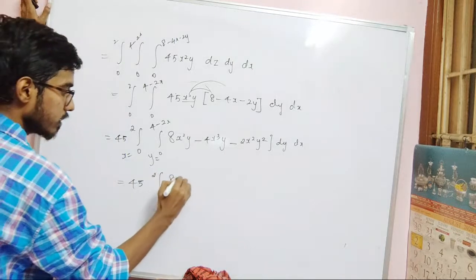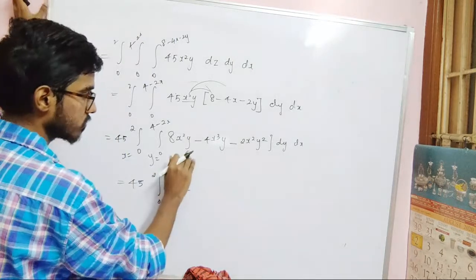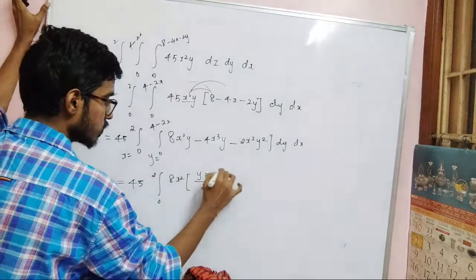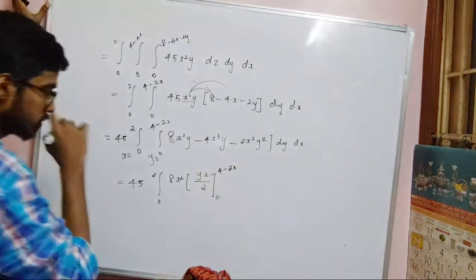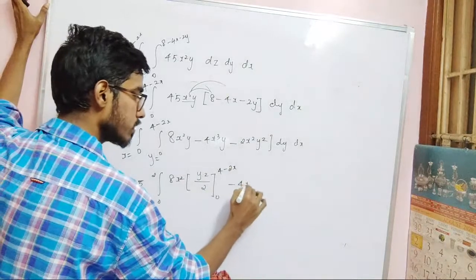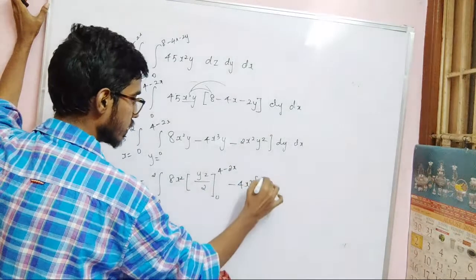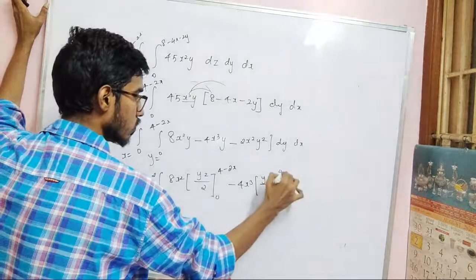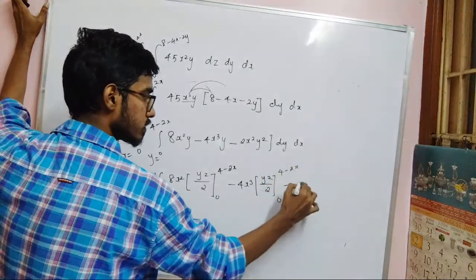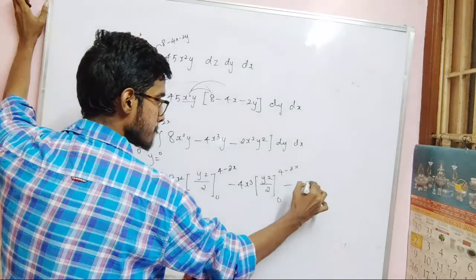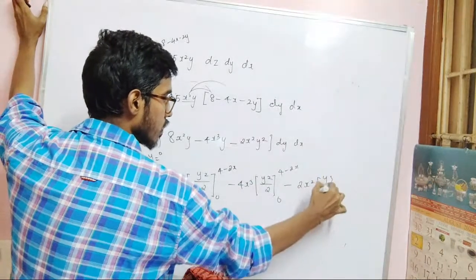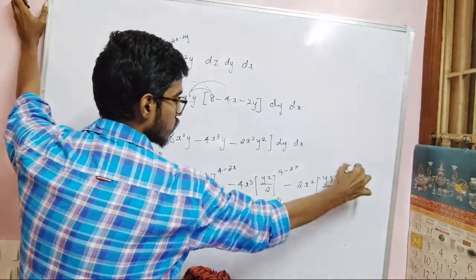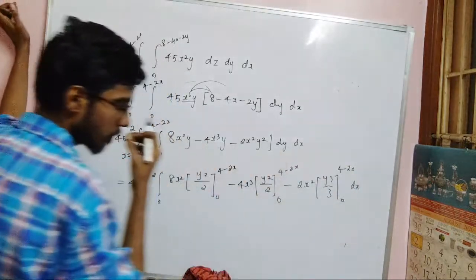So 8 x square, and when I integrate y, it will be y square by 2, 0 to 4 minus 2x, and again minus 4x cube, and the integration of y is y square by 2, 0 to 4 minus 2x, minus 2 x square, y cube by 3, 0 to 4 minus 2x, dx.